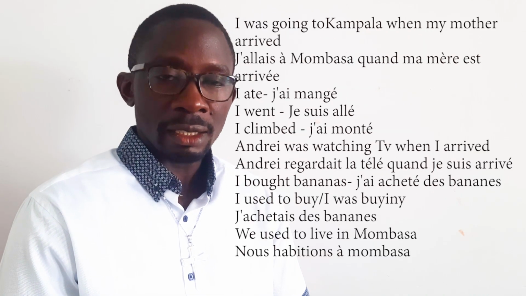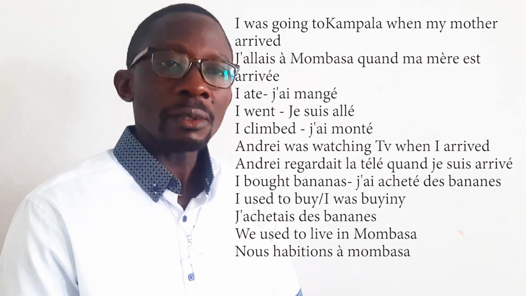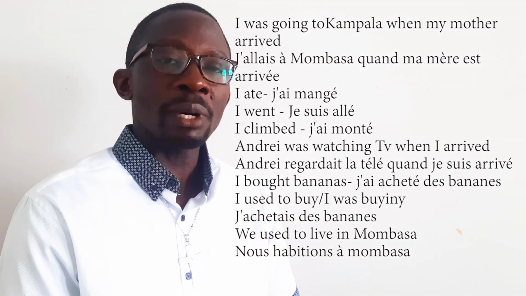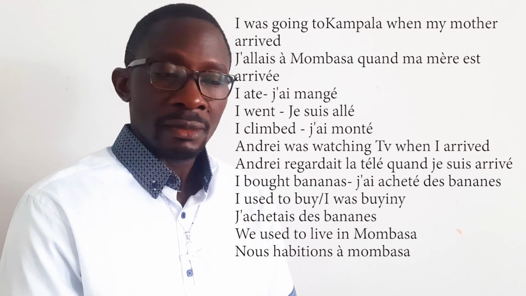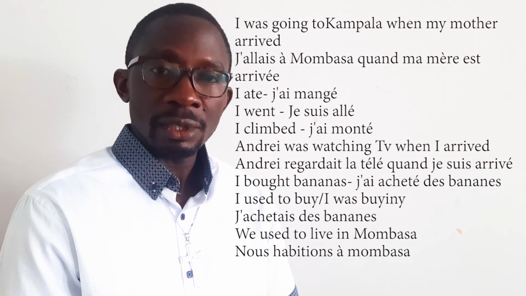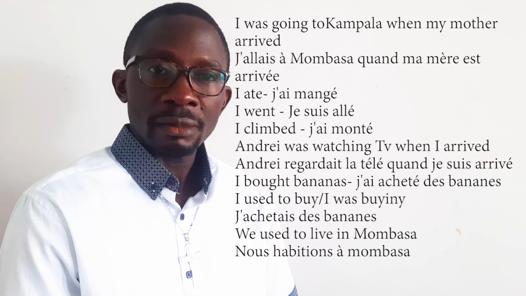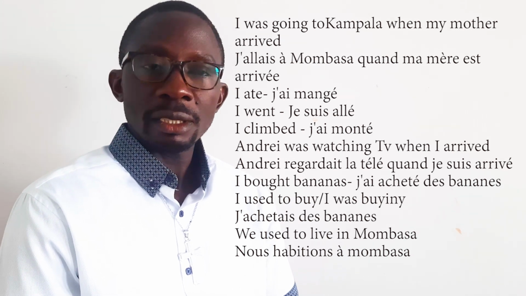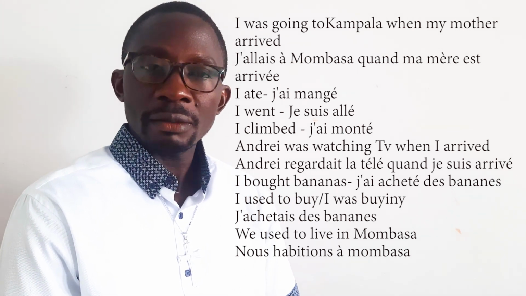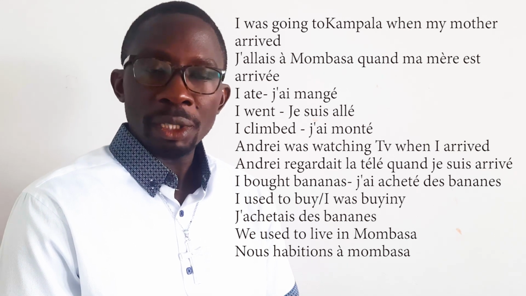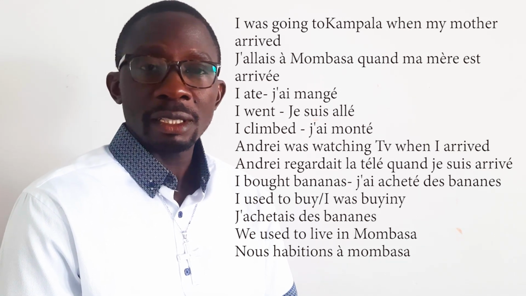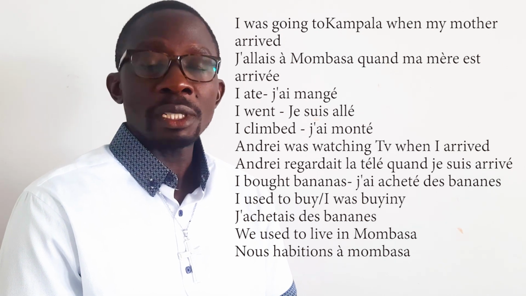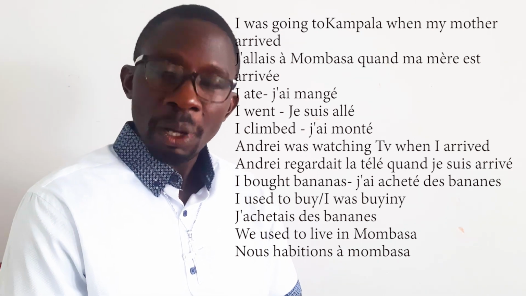So what is the difference between l'imparfait and passé composé? This is today's lesson. 1. Passé composé we use for past things that happened and came to an end in the past. I ate. J'ai mangé. I went. Je suis allé. I boarded. You're boarding an aeroplane or you're climbing the stairs. We use monter. J'ai monté. Perfect.